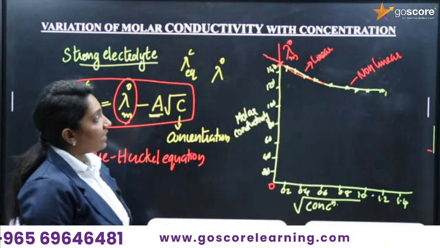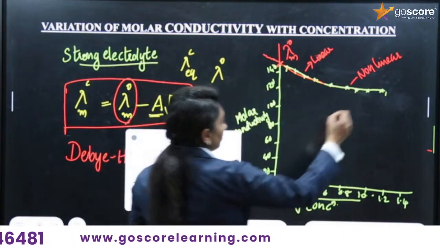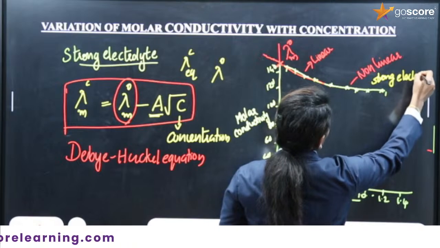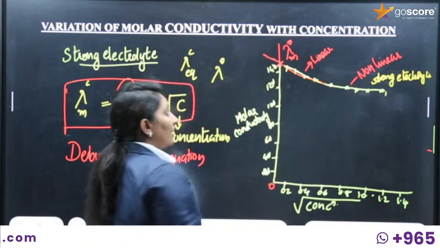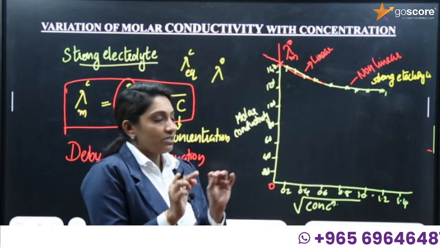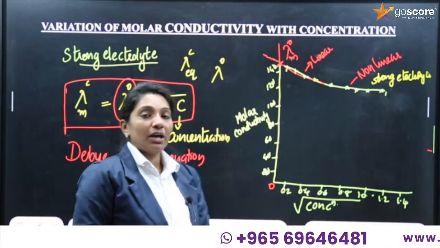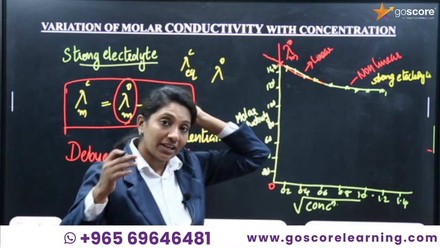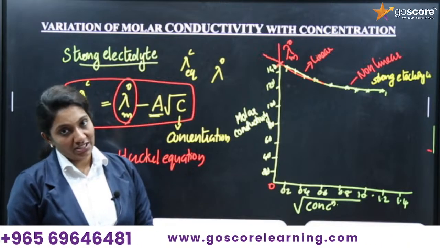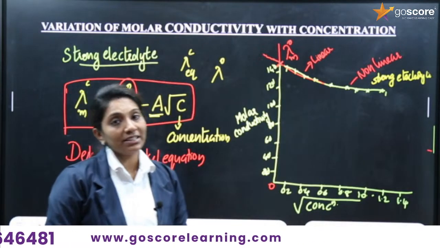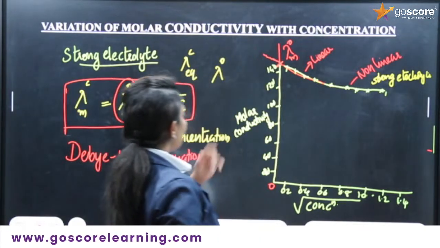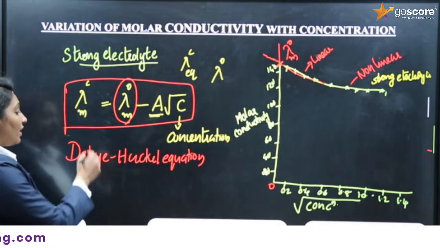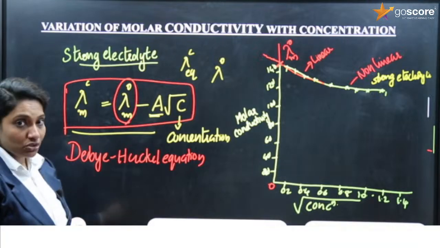So for a strong electrolyte, you get a straight line with only minimal differences in the molar conductivity, and extrapolating to the y-axis gives the molar conductivity at infinite dilution, that is the limiting molar conductivity, right? That's about the strong electrolyte. You should know this graphical representation as well as the Debye-Huckel equation.